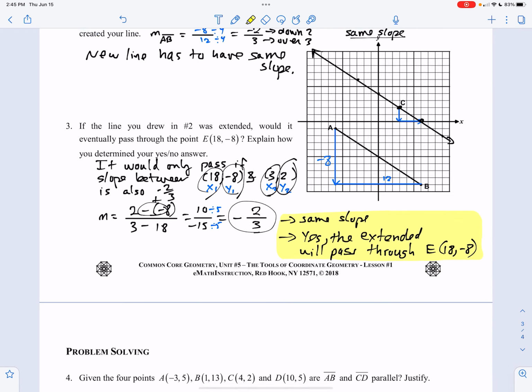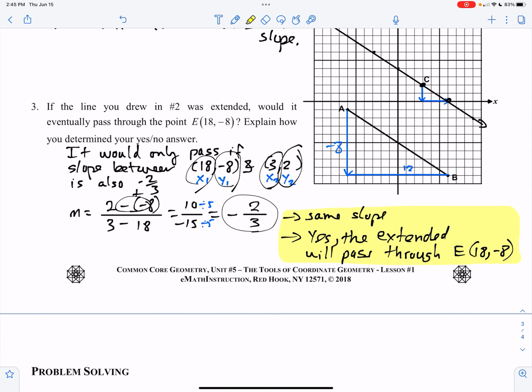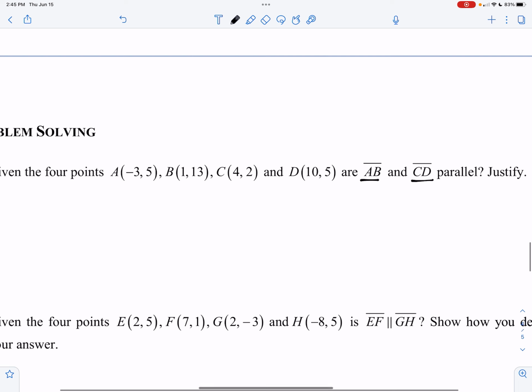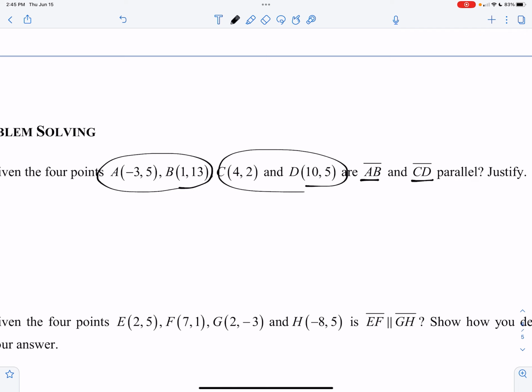Okay, let's scroll on to number 4. So given the 4 points, A, B, C, and D, are AB and CD parallel? Well, here's what you're going to find. We're going to find the slope between AB, then we're going to find the slope between CD.